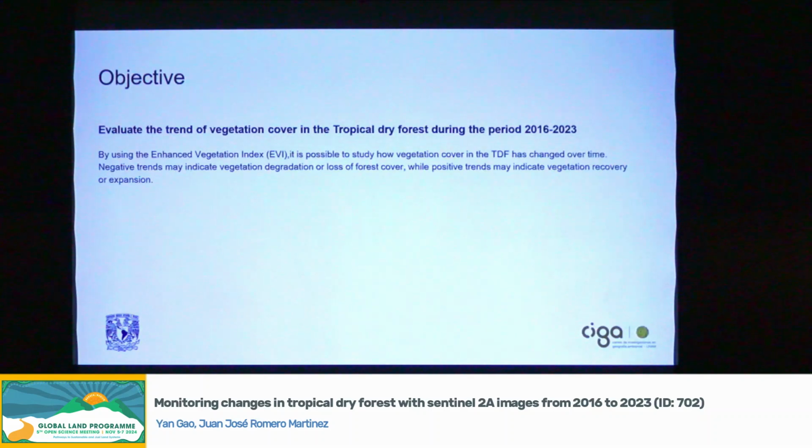I think one of the reasons for this data period is that he's using Sentinel data, which started then. Using the enhanced vegetation index, we're trying to see how vegetation cover has changed over time. A negative trend may indicate vegetation degradation or loss of forest cover, while a positive trend may indicate vegetation recovery or expansion.